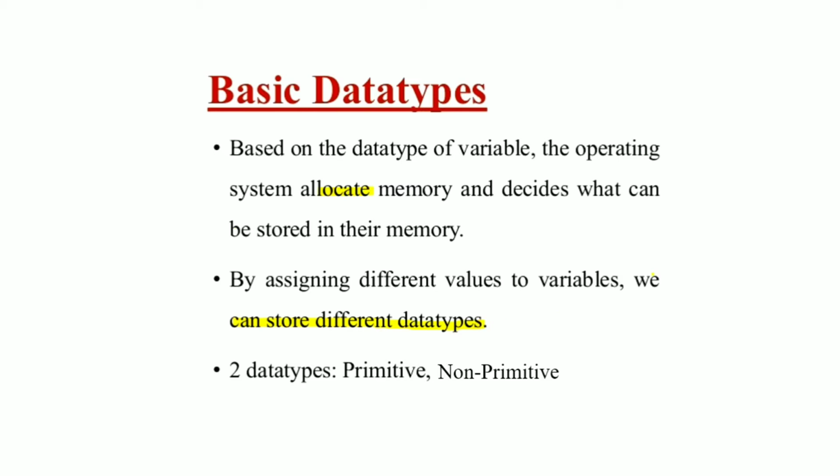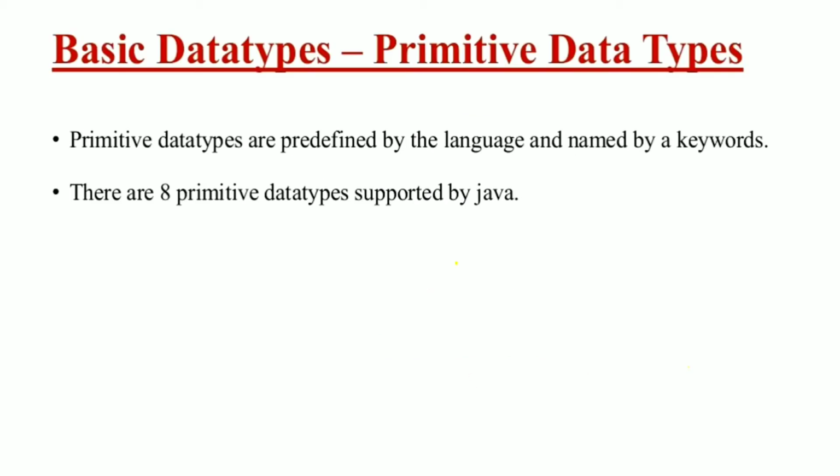Therefore, there are two data types. One is primitive data type and another is non-primitive data type. Now, what is primitive data type?